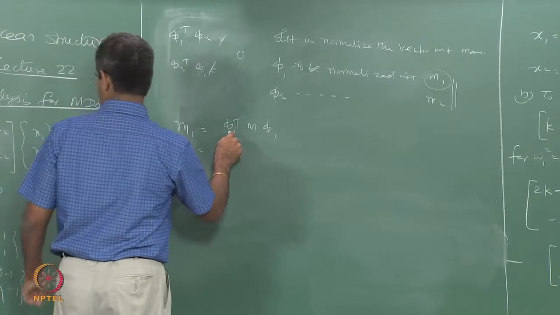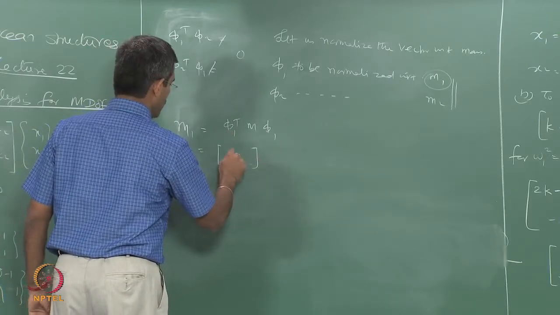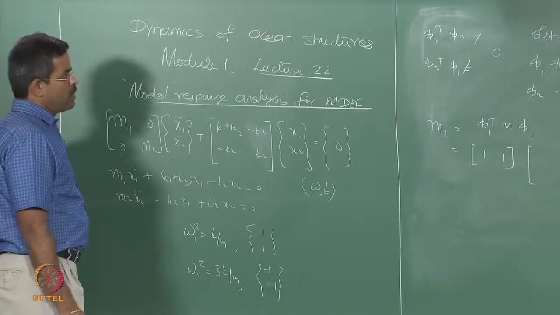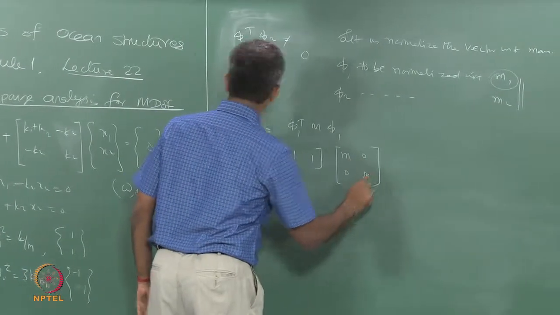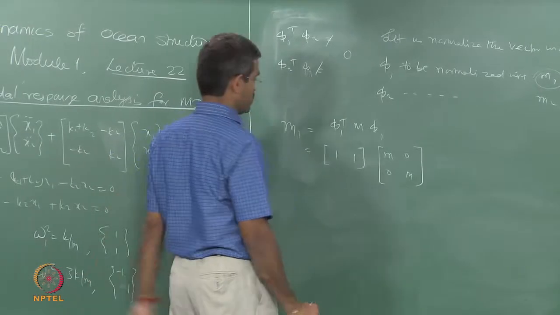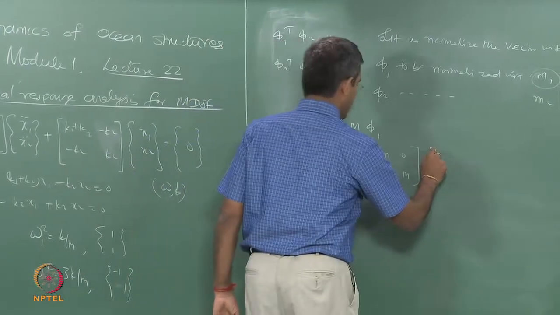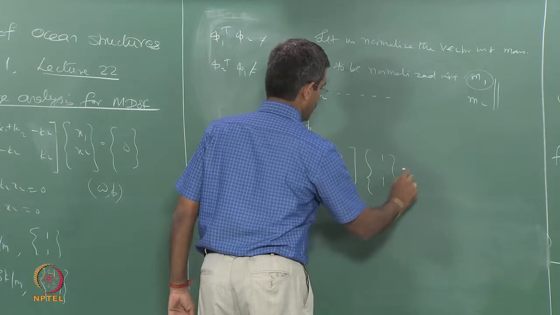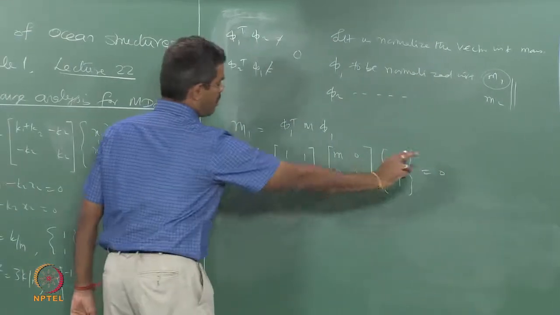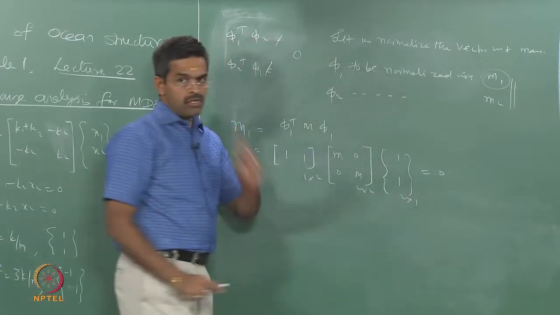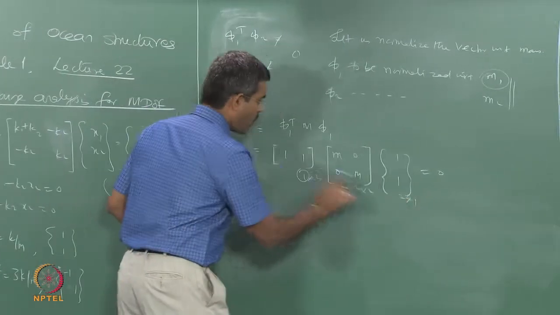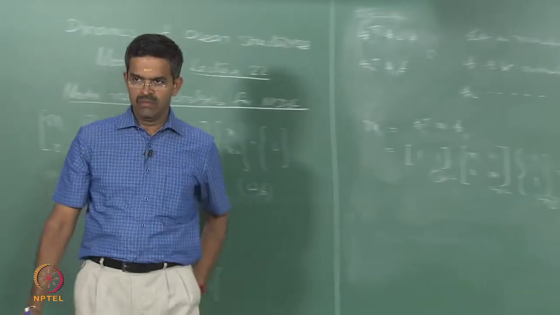So, phi 1 transpose will be 1 1. The original problem is m and 0, 0 and m, because this is the example problem which I have taken for demonstration, and then this vector is 1 and 1. So, you can see the compatibility 1 of 2, 2 of 2, 2 of 1, you will get a unique value, only one value you will get.